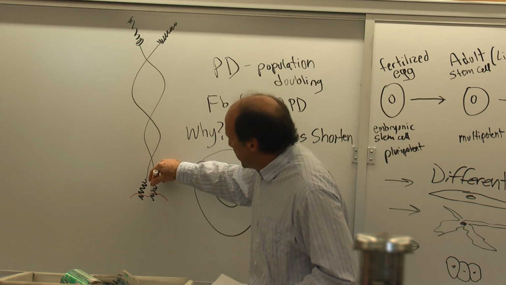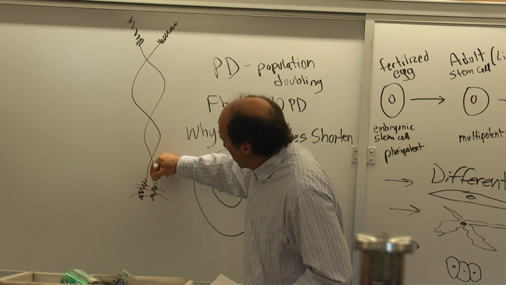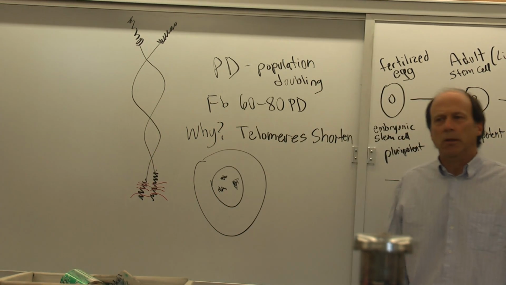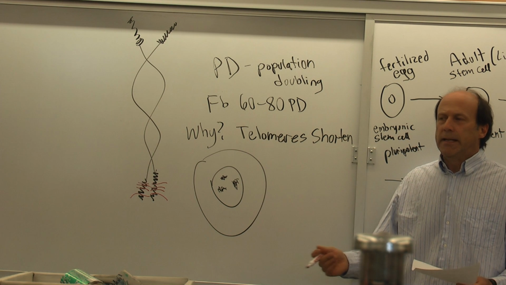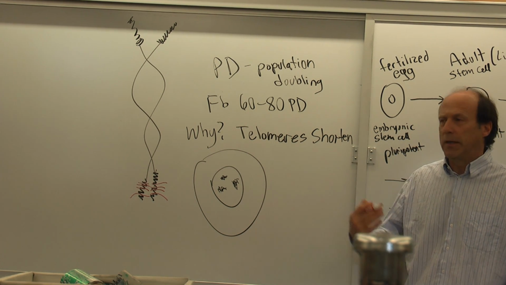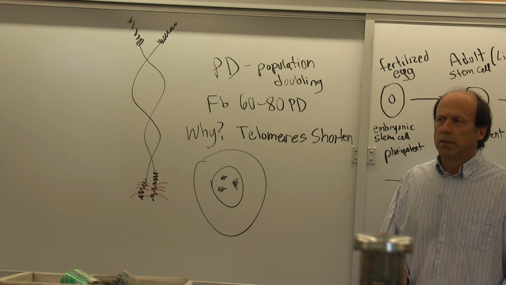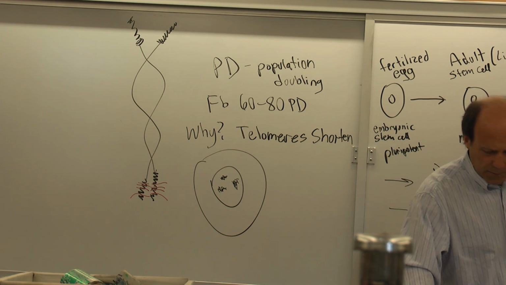So then this protective sequence at the end of the chromosomes is going to be in trouble. It gets too short, and that has implications for the lifespan. Basically, the cell can't survive if there's too much DNA damage.